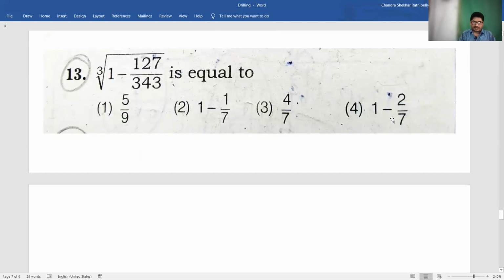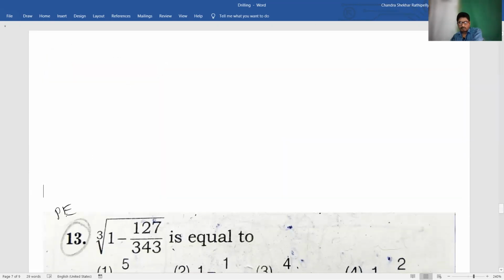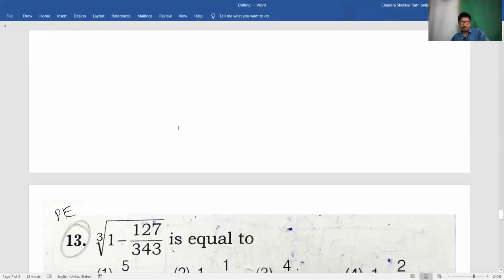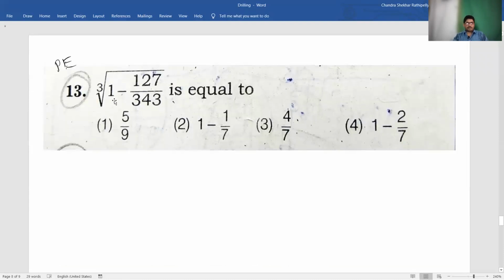This is also practice exercise. Cube root of 1 minus 127 by 343 is equal to.